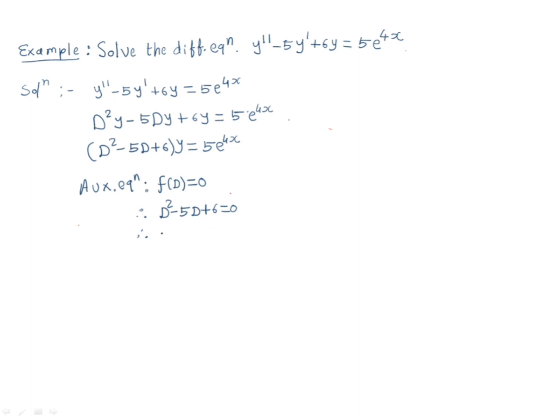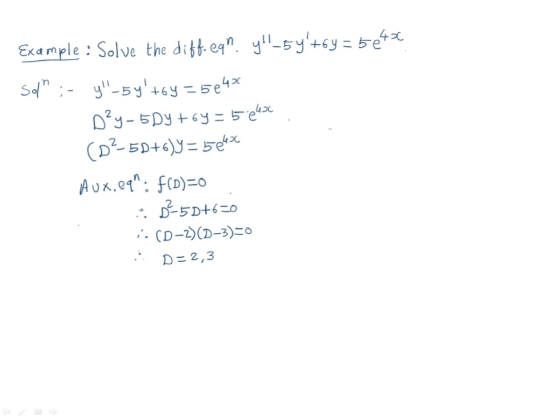This is a quadratic equation, and its factors will be d minus 2 and d minus 3, which will give us the roots 2 and 3.